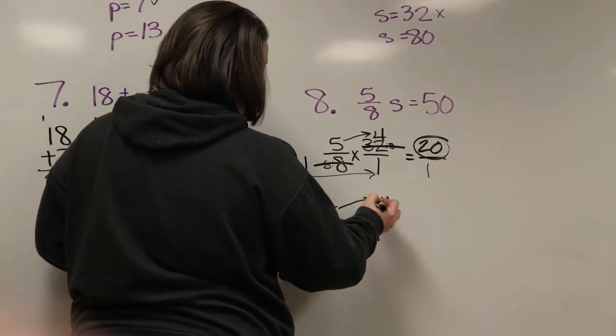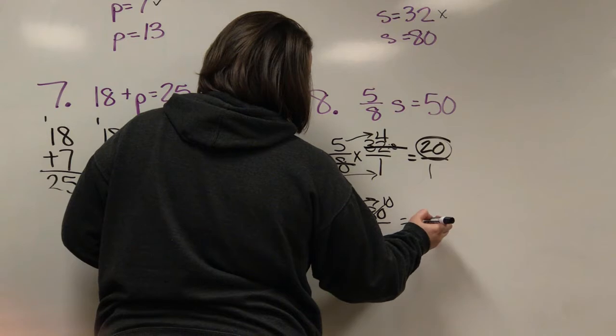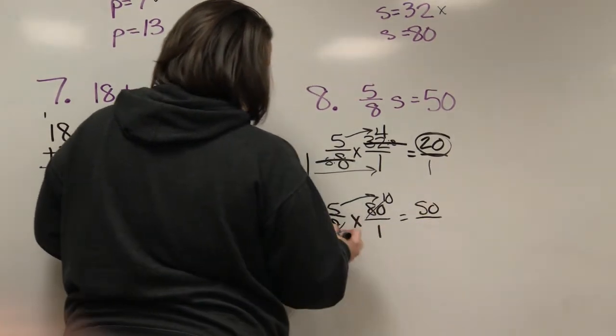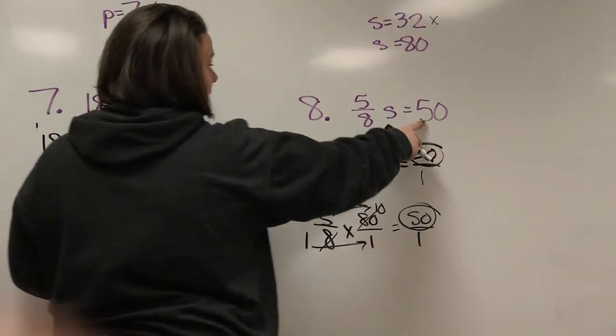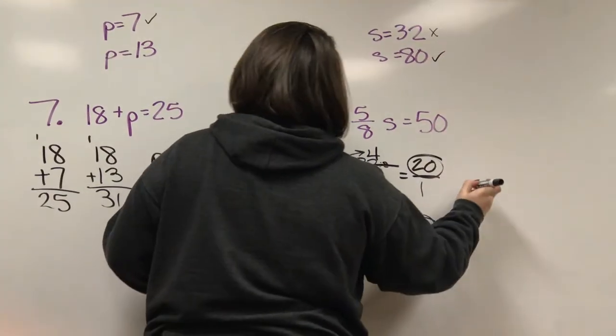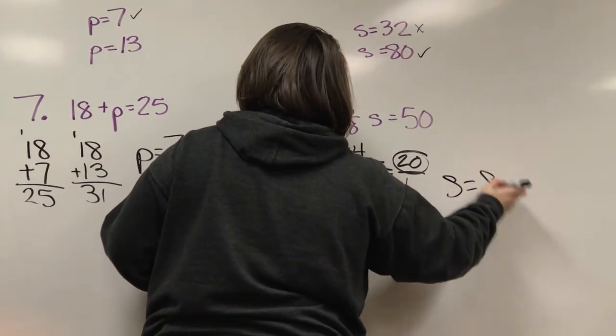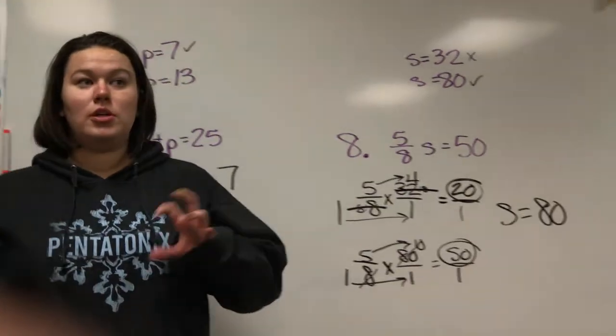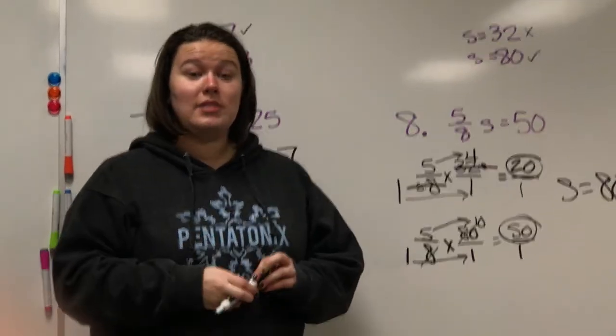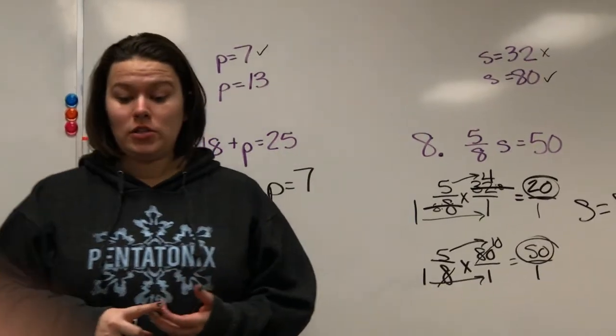Then you multiply straight across. 5 times 10 equals 50. 1 times 1 equals 1. 50. Hey! So, for this one, S is equal to 80. All right, so it's just plugging in those possible solutions and saying if they're true or if they're false.